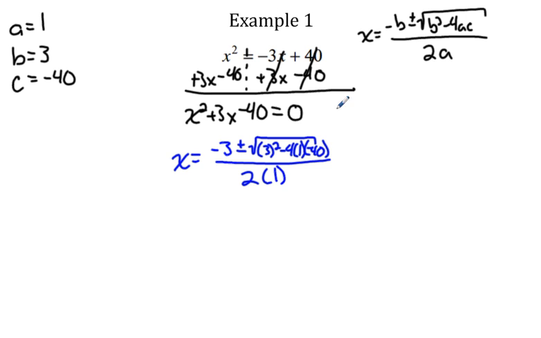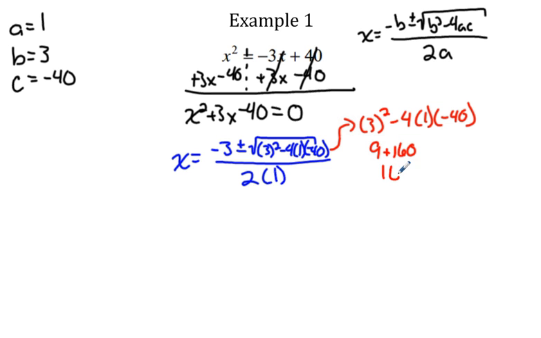Now I'm going to evaluate my discriminant. My discriminant is the 3 squared minus 4 times 1 times negative 40. 3 squared is 9. Negative 4 times 1 is negative 4, times negative 40 is, well, negative 4 times negative 40 is positive 160.